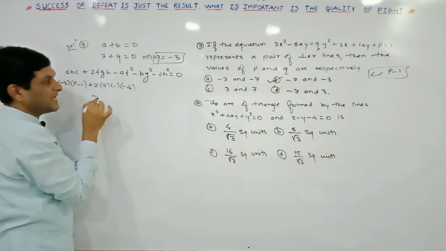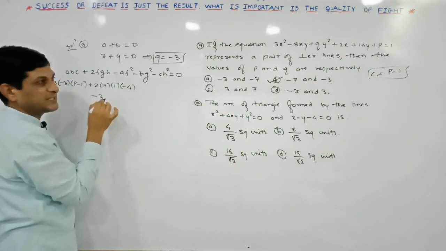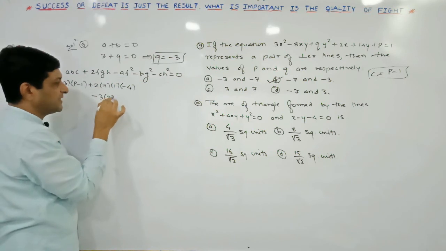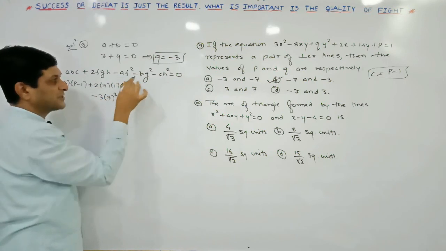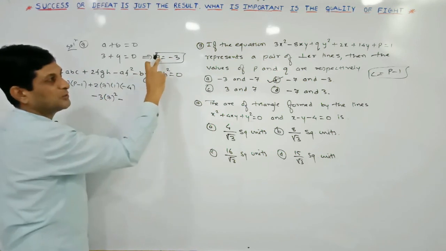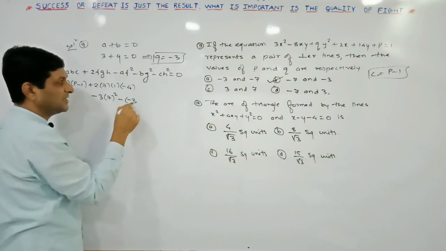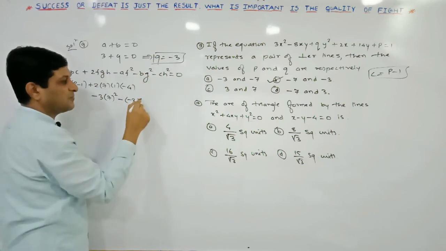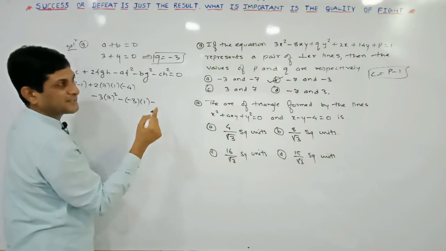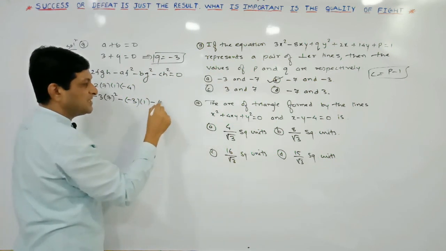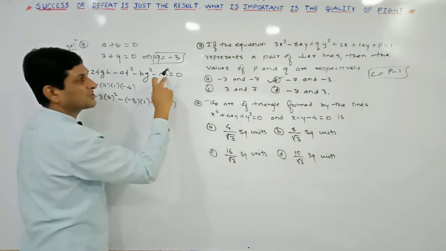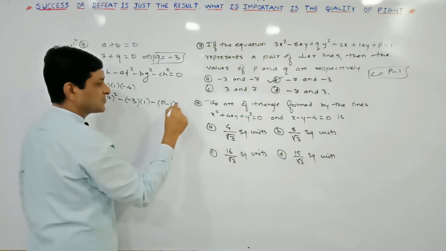So minus a is equal to 3, f is equal to 7, so here we will get 7 square, minus b is equal to what? q is equal to -3, g is equal to 1, so the square of 1 will be equal to 1, minus c is just now we have got p -1 into h square. What is h? -4, so its square will be equal to 16.